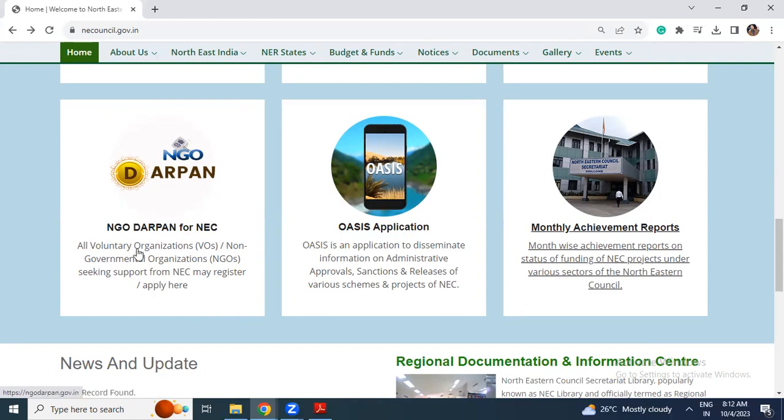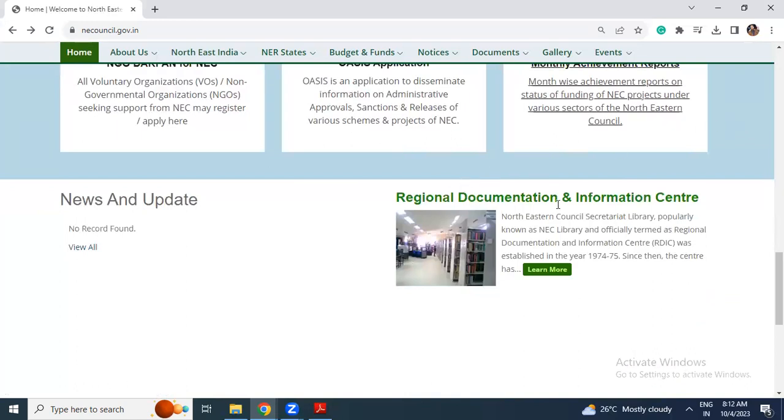Through Darpan for the Northeastern Council, all voluntary organizations and non-governmental organizations seeking support for the Northeastern region may register on the Darpan portal. Then the Oasis application, an application to disseminate information on administrative approvals, sanctions, and release of various schemes and projects of NEC. So do remember this term, Oasis application. Then monthly achievement reports are given on this council website, and also a regional documentation and information center as a library.